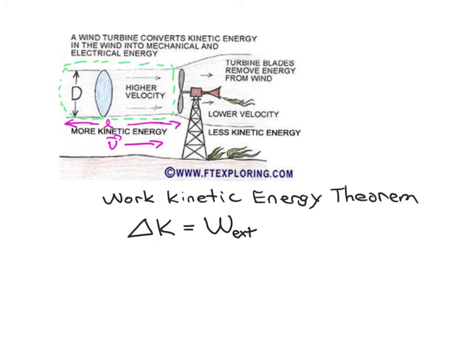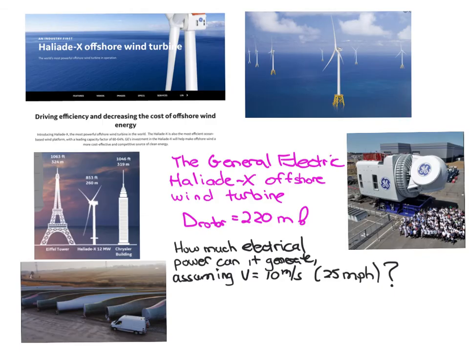So that means that the wind turbine, the surroundings, the blade of the turbine, is going to end up doing negative work on the air. And basically, from Newton's third law, that means that the air is doing positive work on the turbine. So that's the idea: the moving air can do work on the turbine, and that work can be converted into electrical energy by the turbine.